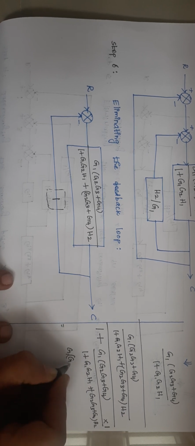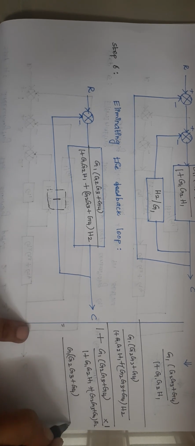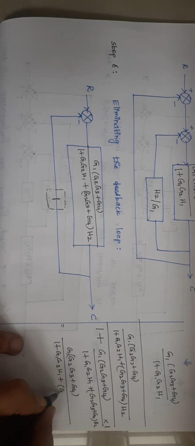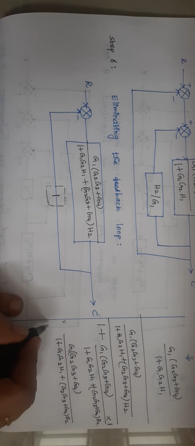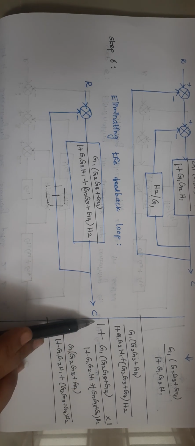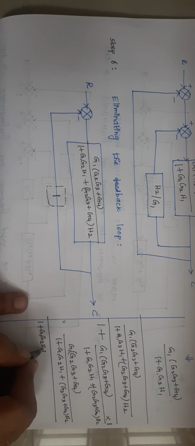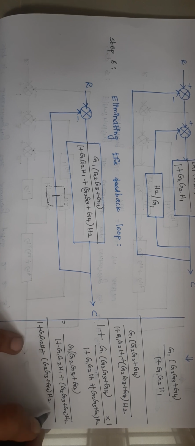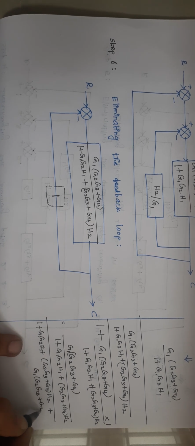That is G1 into (G2 G3 plus G4) divided by 1 plus G1 G2 H1 plus (G2 G3 plus G4) into H2 full term divided by, just when you take LCM, this entire denominator part will get multiplied by 1 here. So you will be having 1 plus G1 G2 H1 plus (G2 G3 plus G4) into H2 plus G1 into (G2 G3 plus G4).